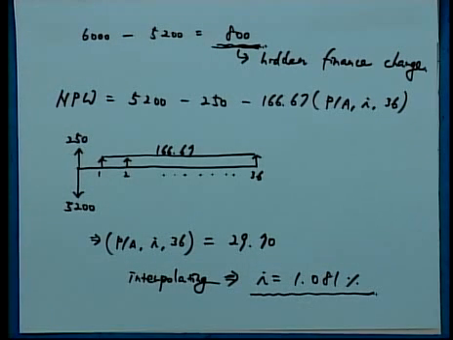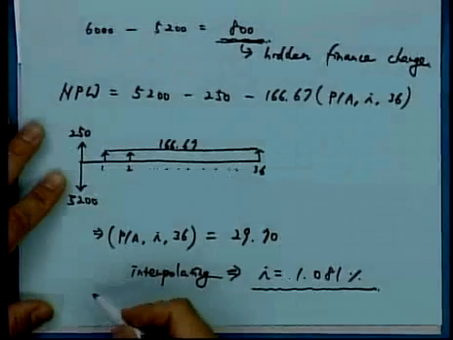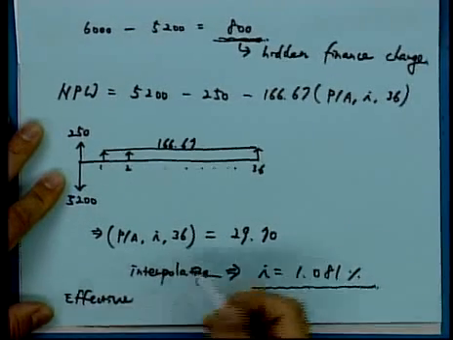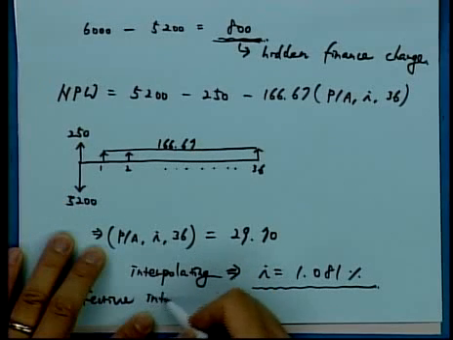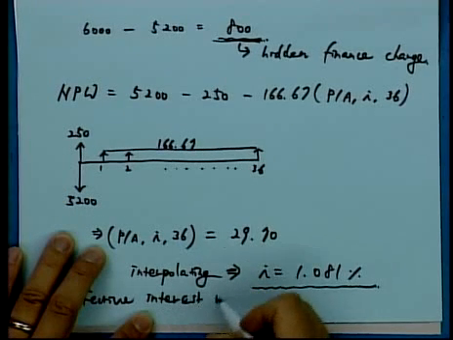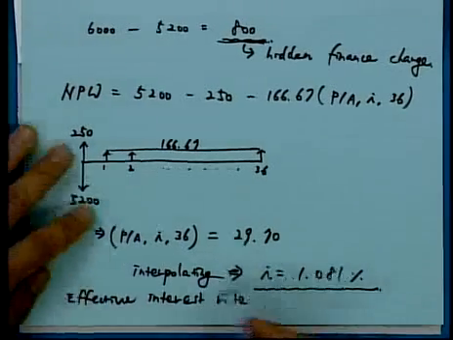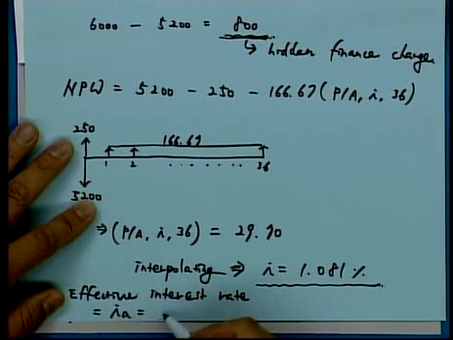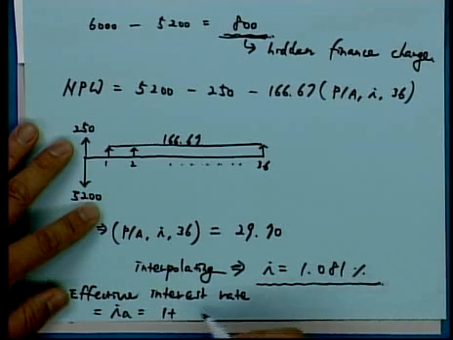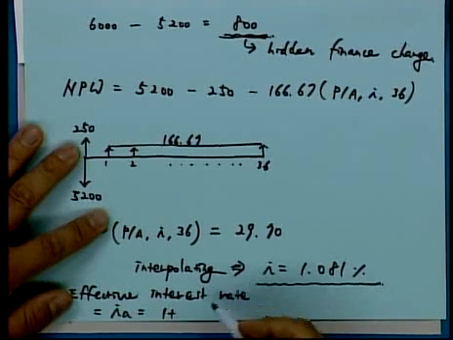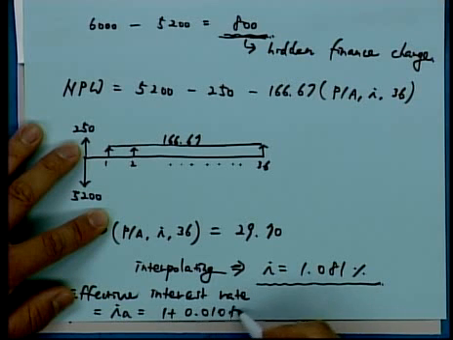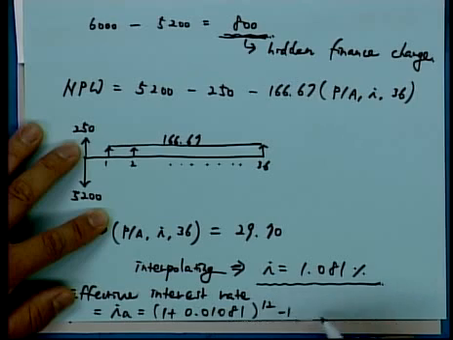Okay, so in this case, the effective interest rate would be 1 plus 0.01081 to the power 12 minus 1. Okay.